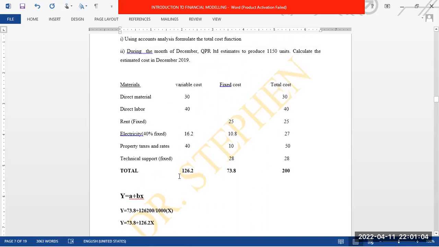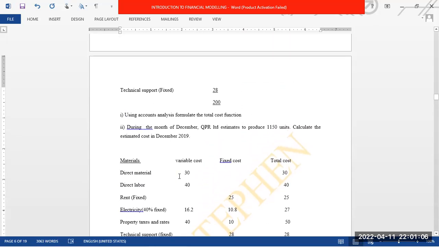So that is the total. Calculate the estimated cost in December.